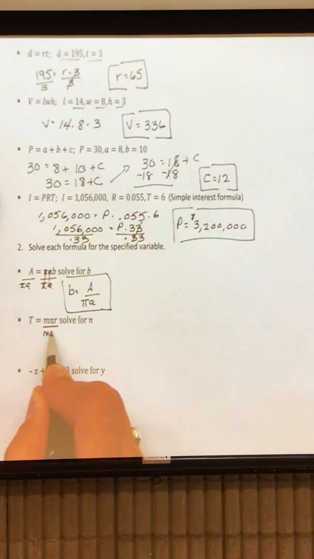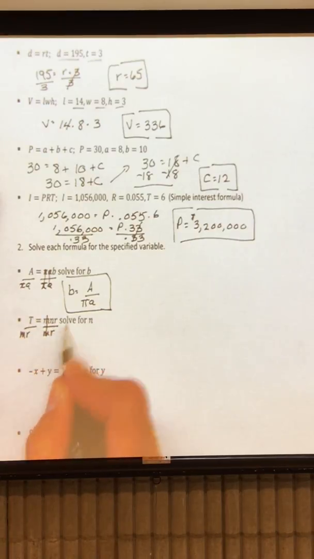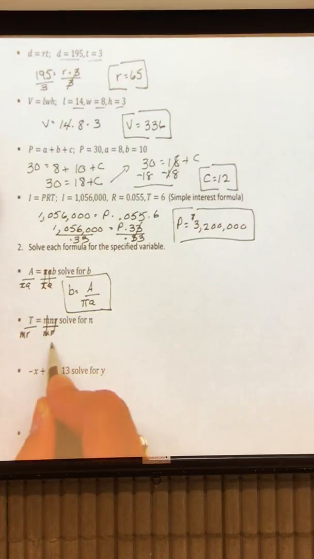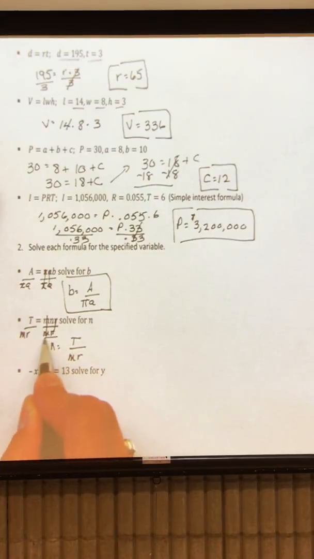So we divide both sides by MR. So the M cancels, the R cancels, and we're left with N is equal to T divided by M times R.